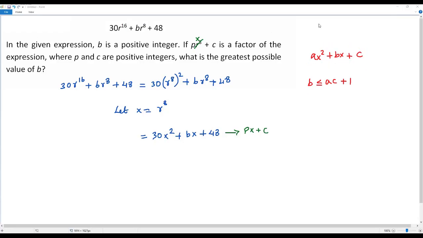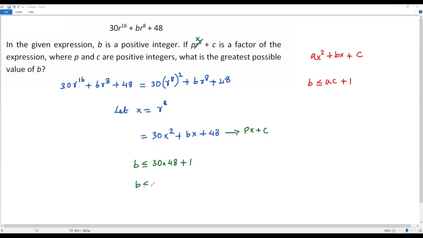Now let's consider the quadratic expression we have over here. It is factorable because we have one of the linear factors over here. Now we can use this formula to get the greatest possible value of b. Okay, now let me write it. That is, b less than or equal to, we have to multiply the coefficient of x squared and the constant term, that is 30 times 48, and add 1.